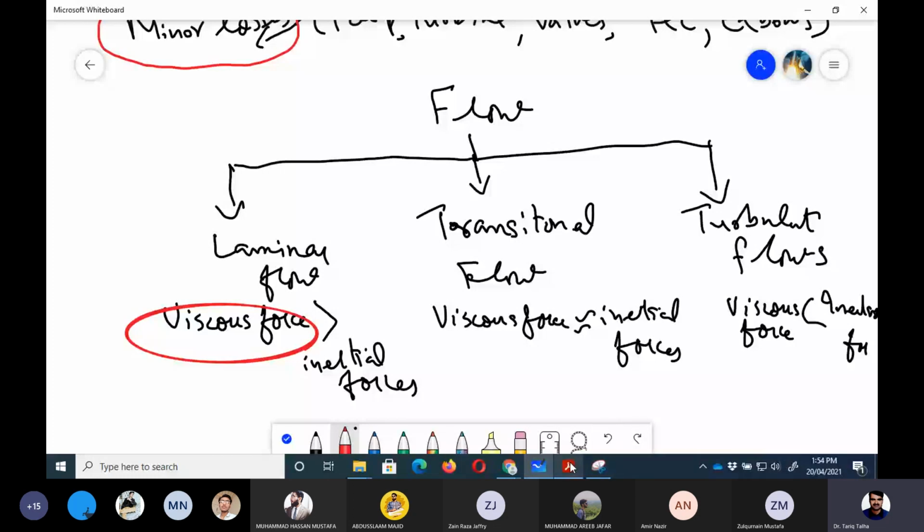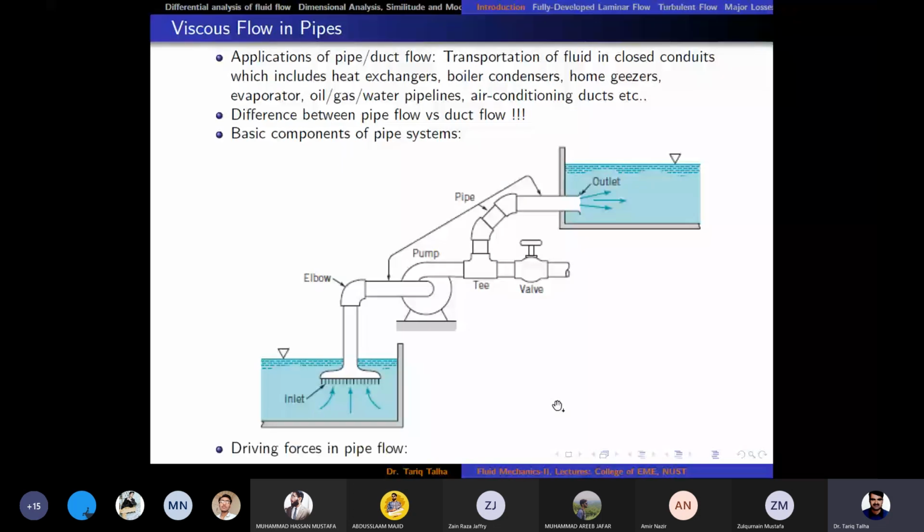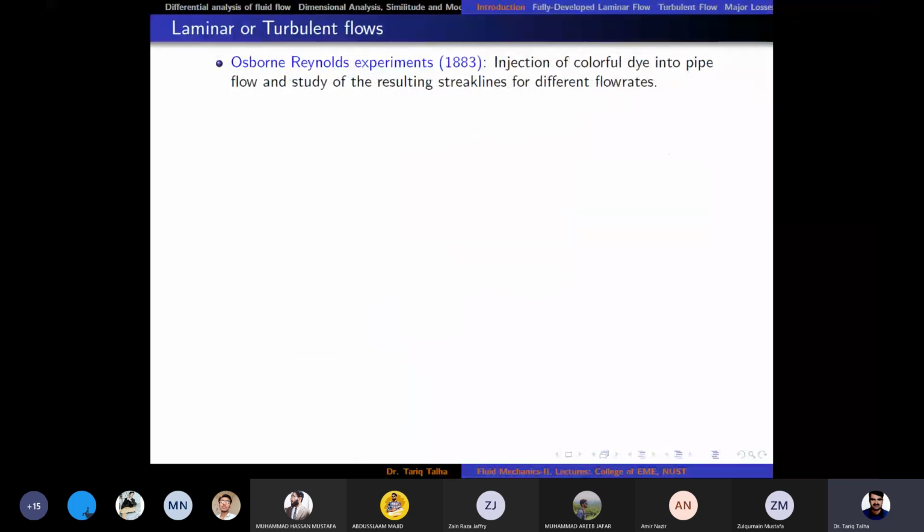This distinction between laminar, transitional, and turbulent flows was first reported by Osborne Reynolds. He conducted experiments in 1883. What he did was inject a colored dye into pipe flow and study the resulting streak lines for different flow rates.